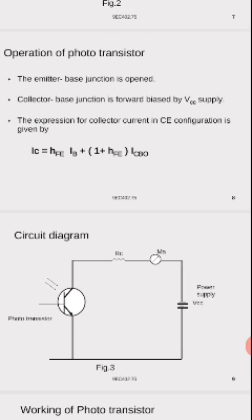MA means milliamperes, ammeter, and power supply VCC is provided.